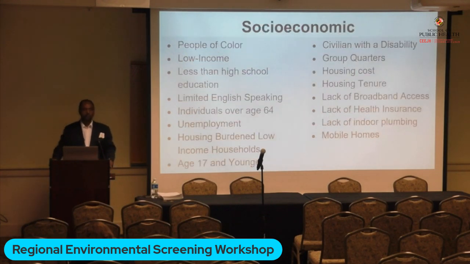From socioeconomic, we include people of color or minority, low income, less than high school education, limited English speaking, individuals over 64, unemployment, housing burden, age 17 and younger, civilians with disability, group quarters, housing tenure, broadband access, health insurance, lack of indoor plumbing, and mobile homes.